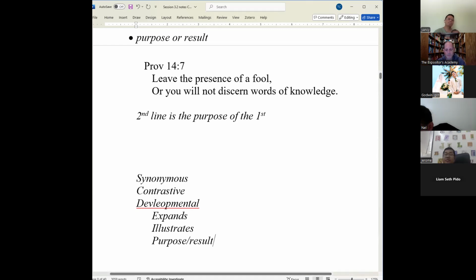All right, those are the three ways. So when you do the assignment and you identify the parallelism, don't just put developmental, put what kind. How is it developing? All right, and it's one of those three ways: add, expand, or explain, illustrate, or purpose, result. Okay. All right, questions?